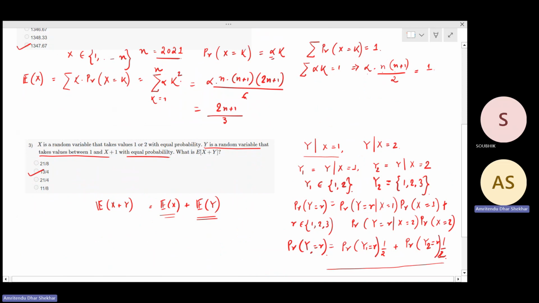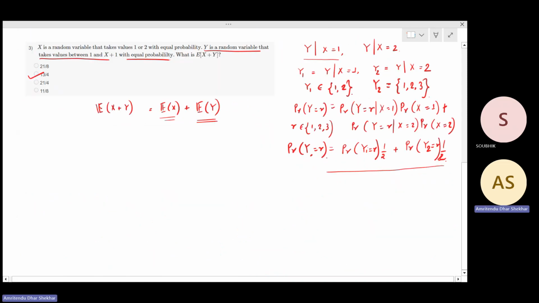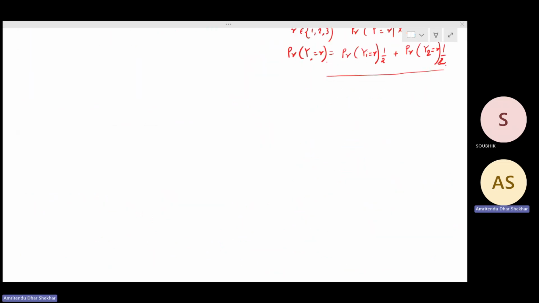So if this is clear, I'll state the last two problems, which are somewhat more interesting than these.